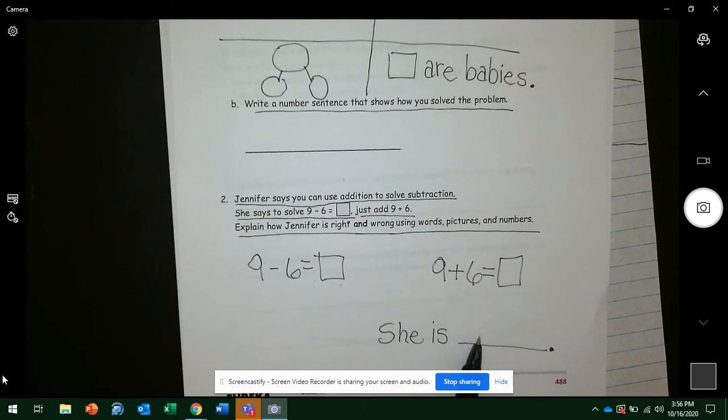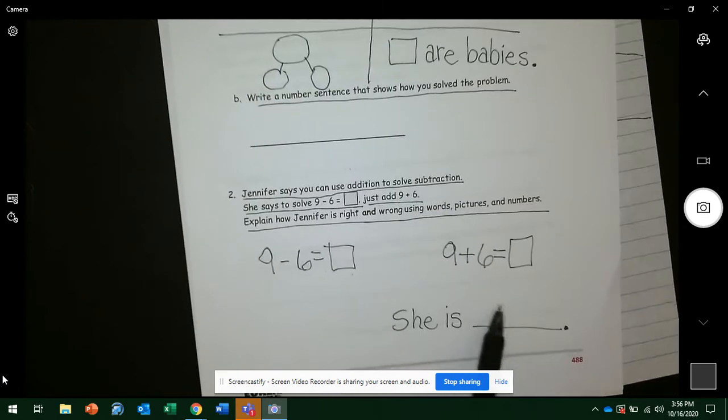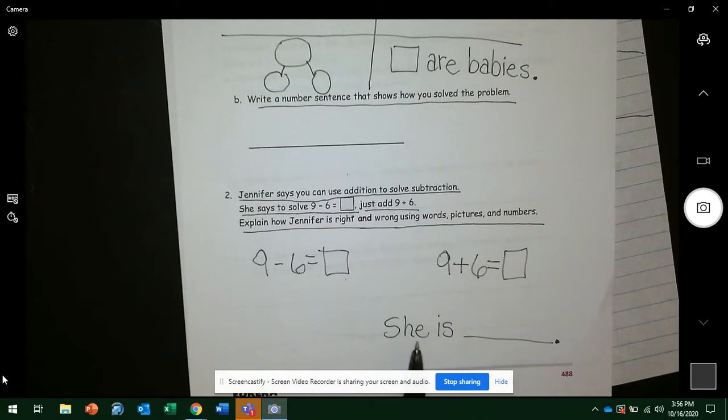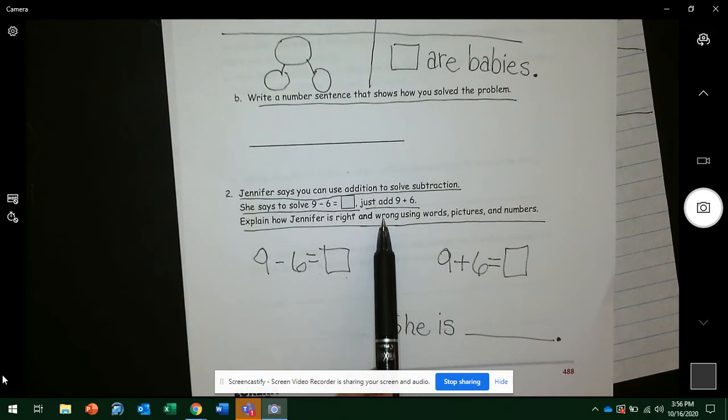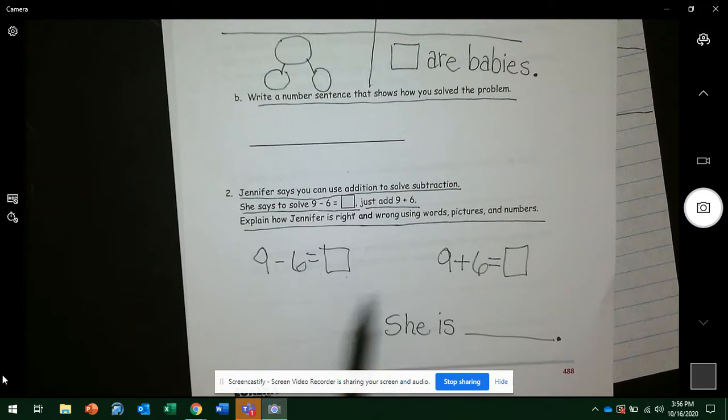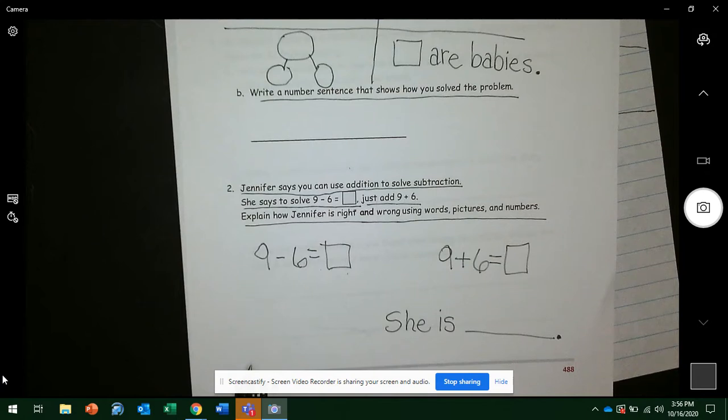If she is wrong or right, you have to tell me here. So you write she is, and you either put right or wrong. If you choose wrong, write the correct addition sentence you would use to solve this problem. Press pause at this moment and work it out. Press play when you're ready to continue.